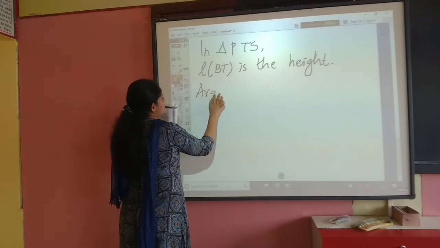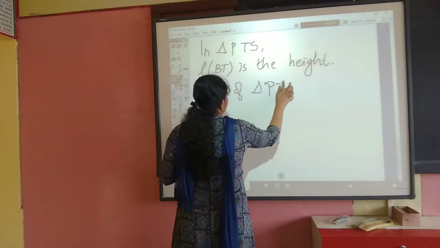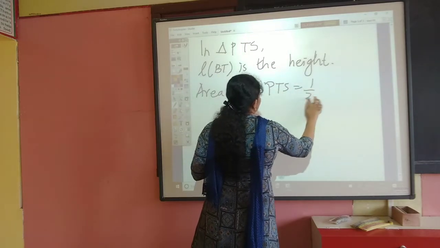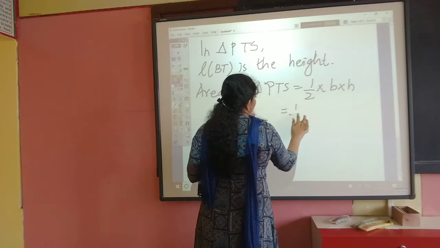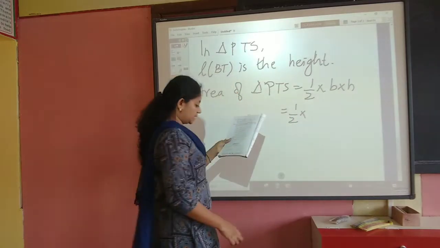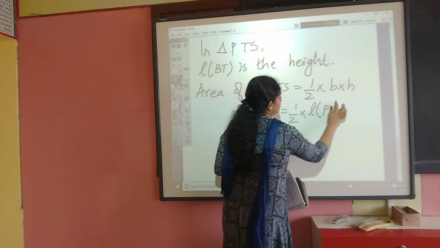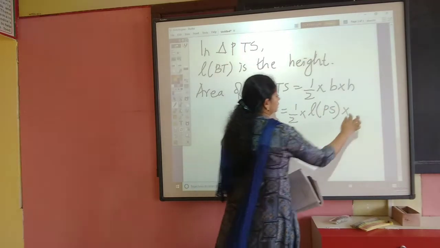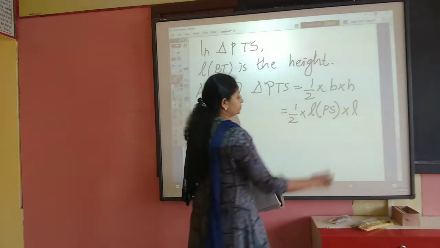So area of triangle PTS is equal to half into base into height. That is nothing but half into what is the base there? PS. Then PS and height is then BT.